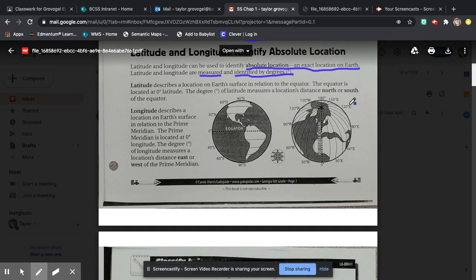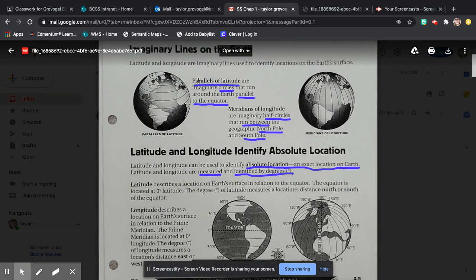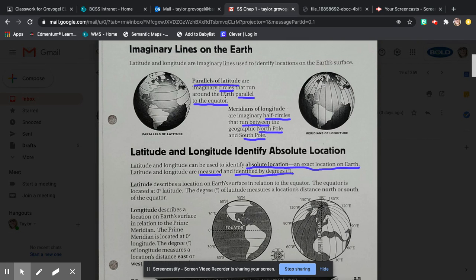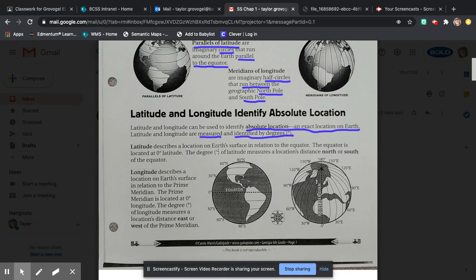It says, latitude describes a location on Earth's surface in relation to the equator. Remember when we read up here, we read that parallels of latitude are imaginary circles that run around the Earth parallel to the equator. So our latitude is a location on Earth's surface in relation to our equator right here.